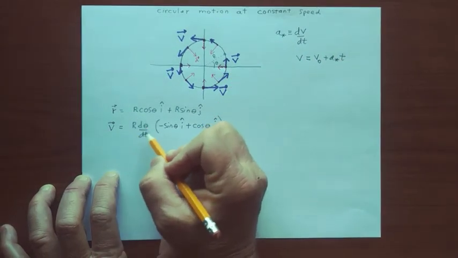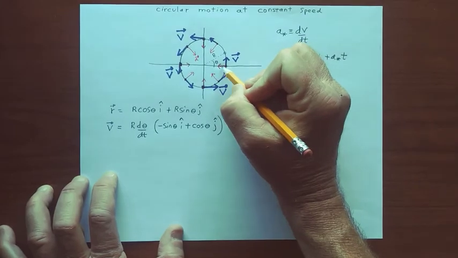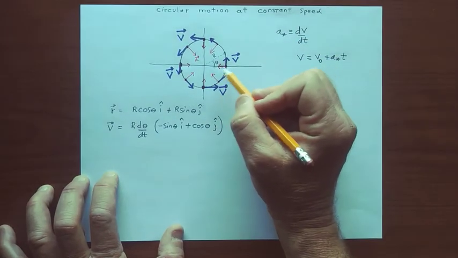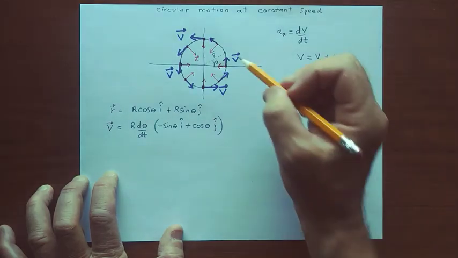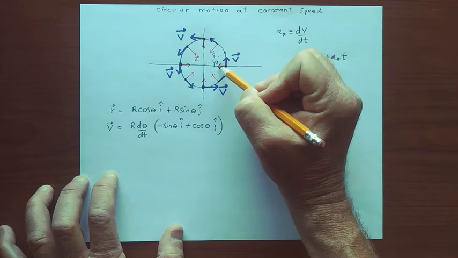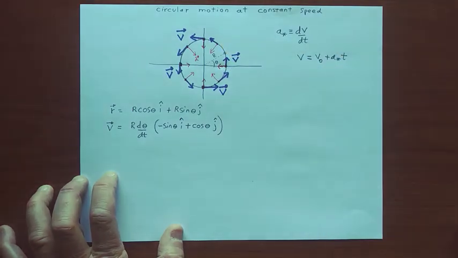It's r d theta by dt. It's not changing. So this is a very special kind of motion. It's motion where the acceleration is perpendicular to the velocity, and those are the conditions that allow for the velocity to change with time because there is an acceleration, but only in terms of direction, not in terms of magnitude.